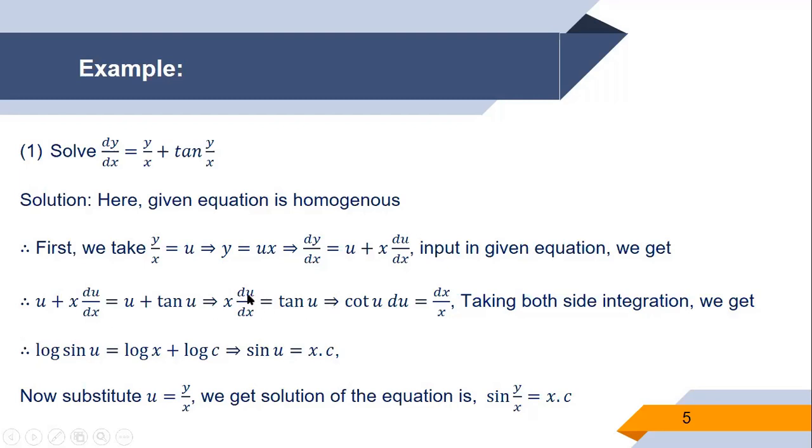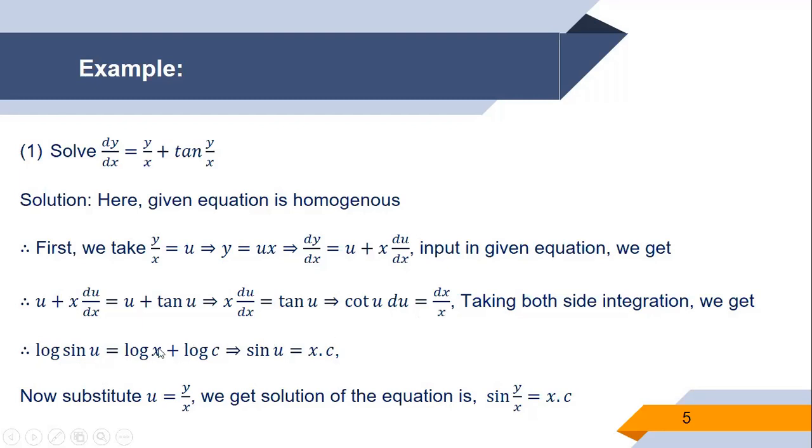So we write tan u, and we apply the separable variable method. So tan u and dx, x term on the right side, u term on the left side. So 1 upon tan u, that means cot u du = dx/x. And obviously we apply integration on both sides. So we get log sin u, because the integration of cot u is log sin u.